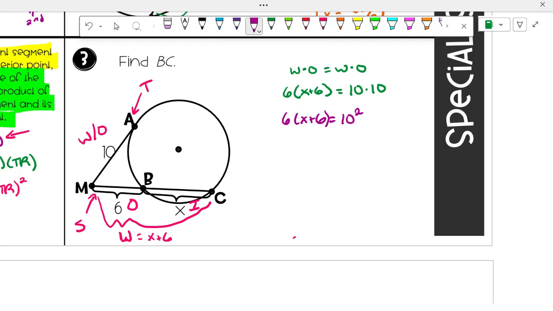How would I simplify the left side of the equal sign? What do I need to do first? Distribute the 6. This will be 6x plus 36. What's 10 squared? 100. Now we can just solve for x. What's my first step?